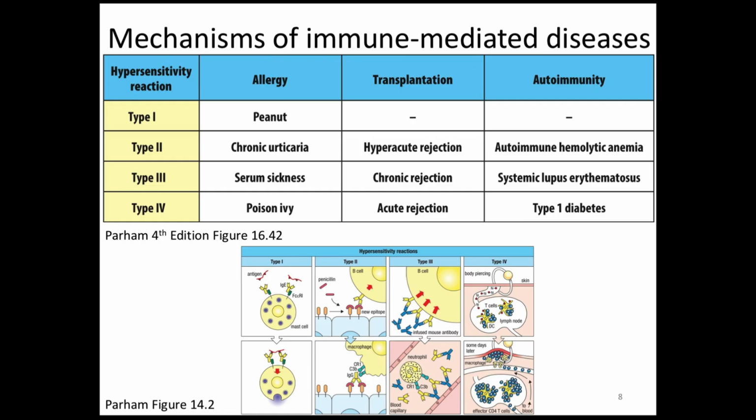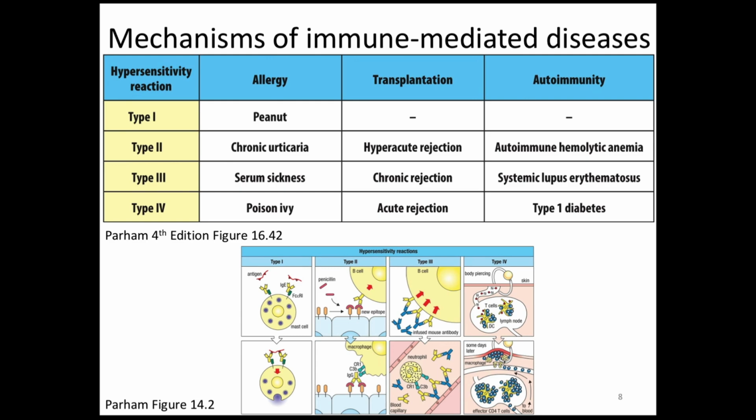But realize that as you start to understand those 4 mechanisms, the mechanisms that you're understanding are going to be translatable into other situations. As you learn how a type 2 allergy works, you're going to actually be seeing the same mechanism that's working in some other types of diseases. But we're going to do them all with allergy.